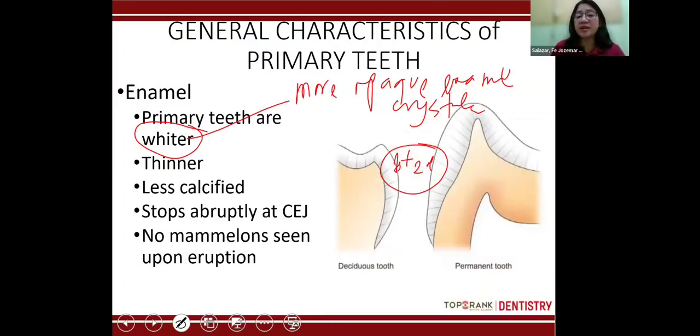Enamel is also thinner, okay, on primary teeth, and it's less calcified, less minerals, okay, yung content niya. And it stops abruptly at the CEJ. It does not overlap your cementum, nagmi-meet lang sila. And there are no mamelons upon eruption.